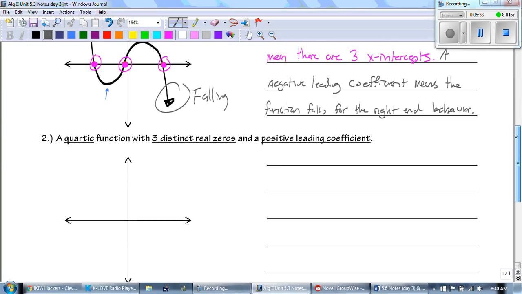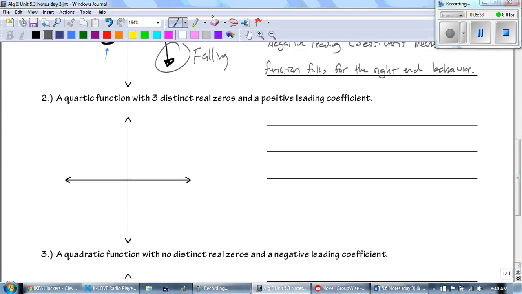So, our next one, a quartic function with 3 distinct real zeros and a positive leading coefficient. The quartic, that's our x to the 4th power.